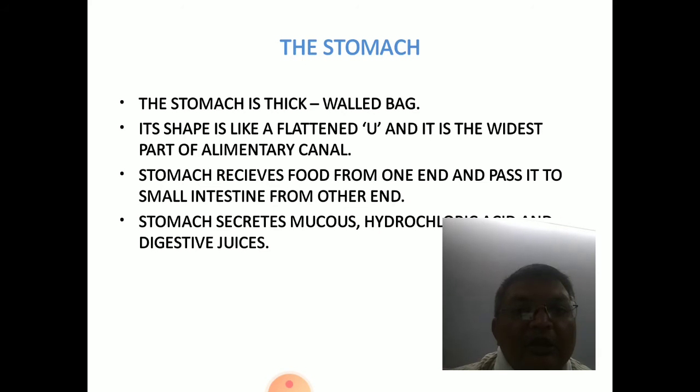In our stomach there is mucus, hydrochloric acid, and some digestive juices. Remember these 3 points.